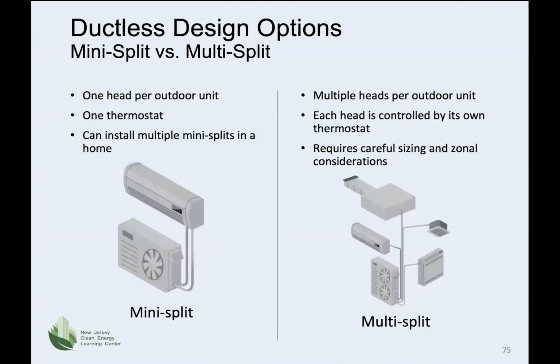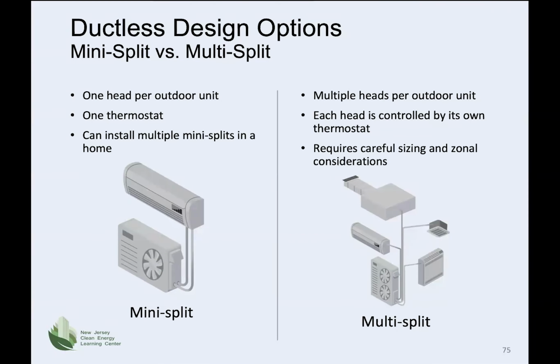The ductless design options that you have really are individual mini split units, or on the other hand, a multi-split unit. Now, multi-split units, we've said previously that we don't want to really have more than 3 heads attached to one outside unit. But for just purposes of demonstration here, we're showing the various options for the air handlers inside the home.